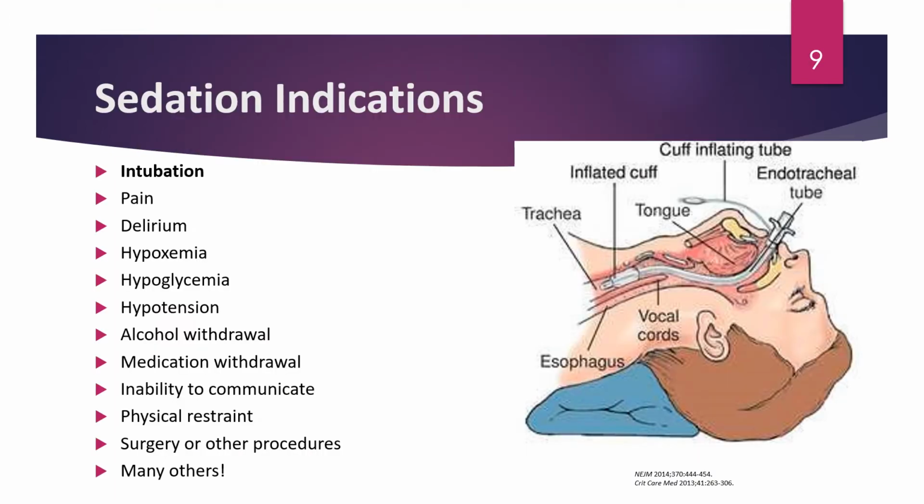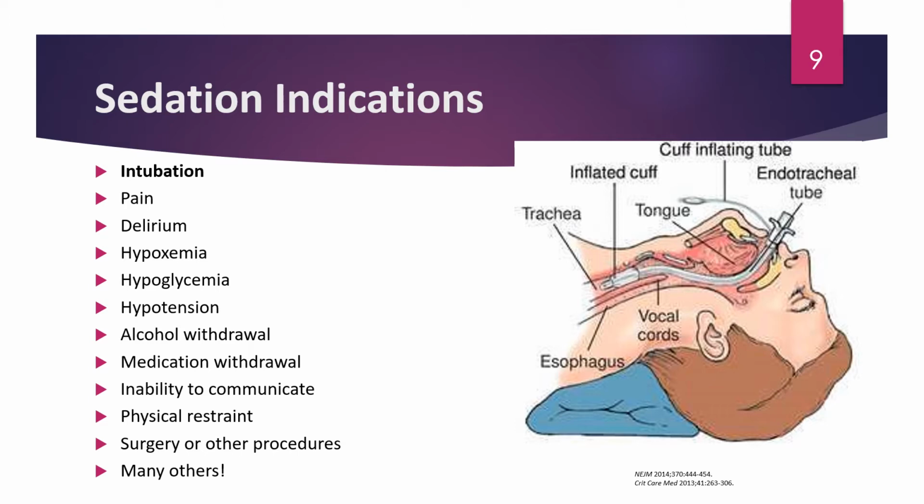So in regards to sedation, this picture right here on the right actually shows you what that endotracheal tube that I was referring to from the previous slide actually looks like. It's just a simple tube. It goes down into the mouth and then into the esophagus area, and that tube allows the patient to have a breathing pattern.